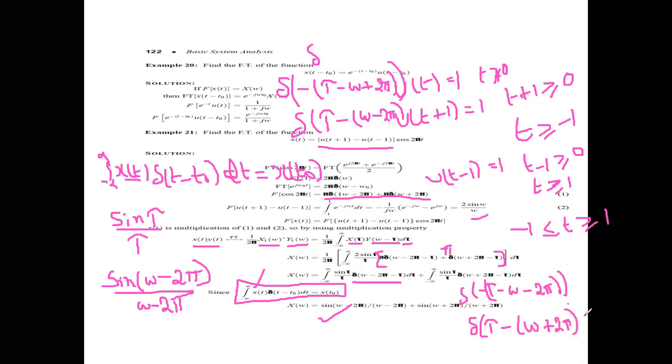Okay, my dear students. So the delta is shifted with the sample of omega plus 2 pi. It is multiplied with x of t, and the signal we get at t naught is x of t naught. So what is x here? Sine tau by tau. Again, you can write the plus term, sine of omega plus 2 pi whole divided by omega plus 2 pi. Got it, my dear students?